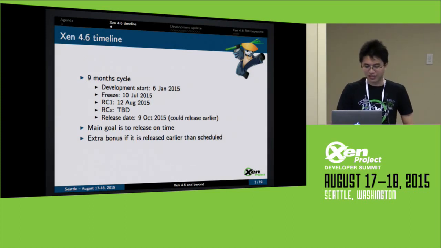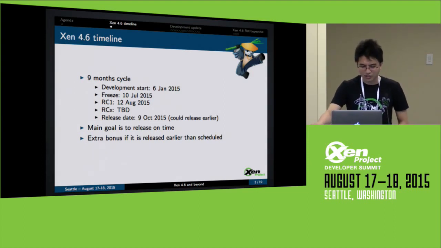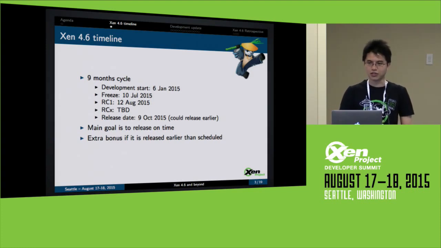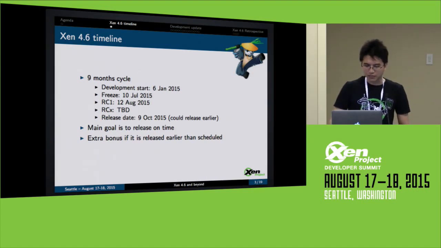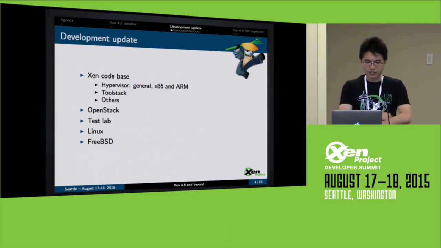And if we manage to release a little bit earlier, before schedule, that's an extra bonus, so that we can have a shorter release cycle and open the tree earlier for contributions.